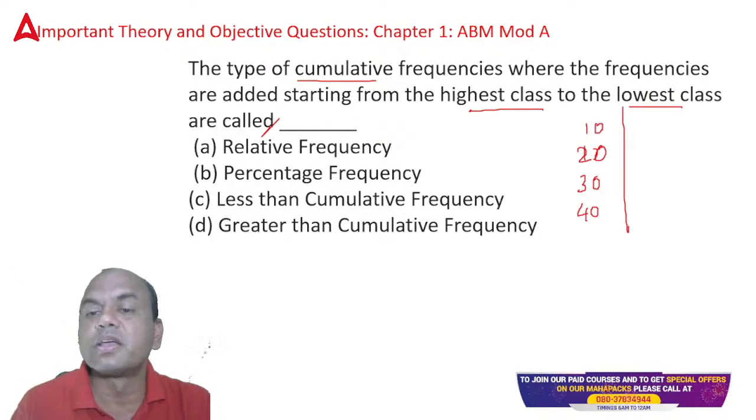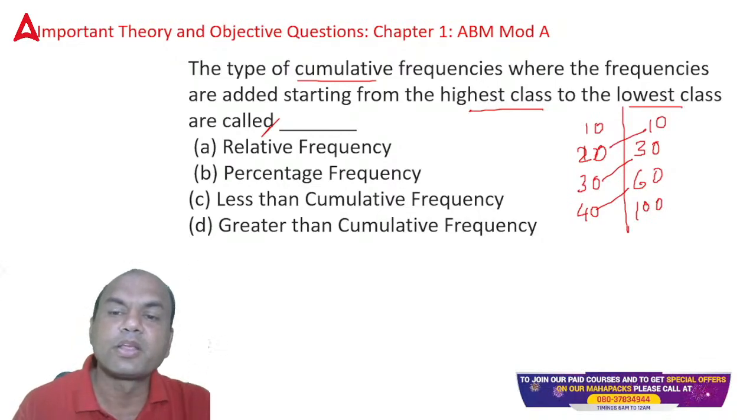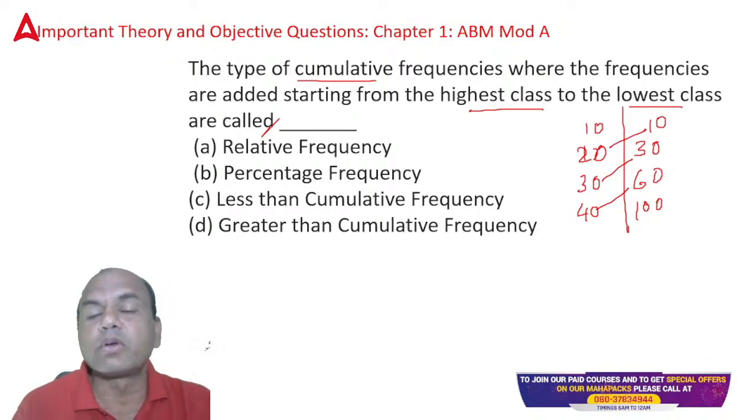So accumulation of 10 is 10 only. Accumulation of 20 is 20 plus 10, 30. Accumulation of this is 30 plus 30, 60. 60 plus 40, 100. So cumulative means addition of all these numbers before. So this is cumulative.